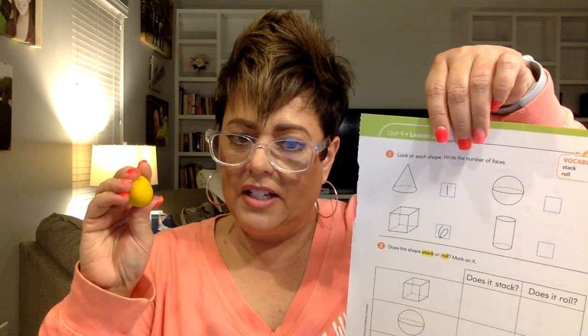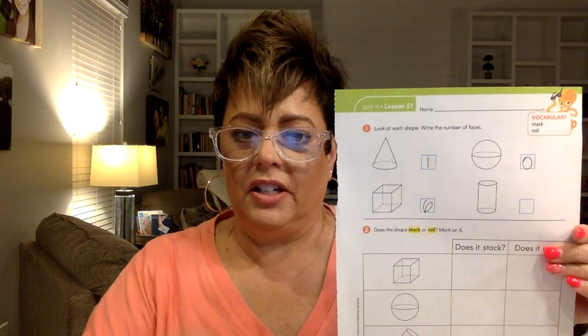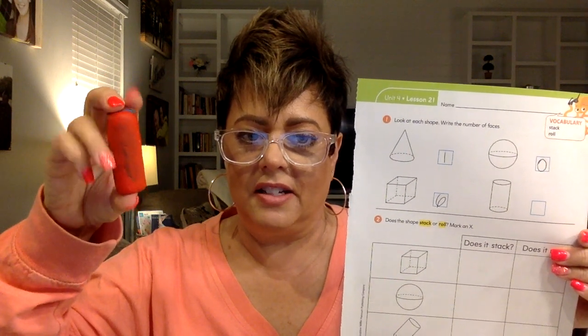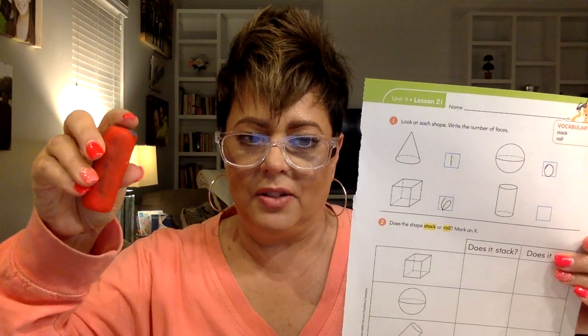So if Mrs. Hoffman holds up her sphere, how many faces does my sphere have? Does it have any flat faces? It does not. So a sphere has 0 faces. Okay, look at your cylinder. How many faces does a cylinder have? It has 1 and 2.